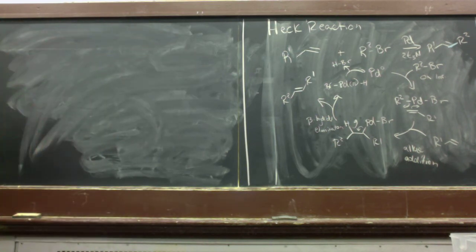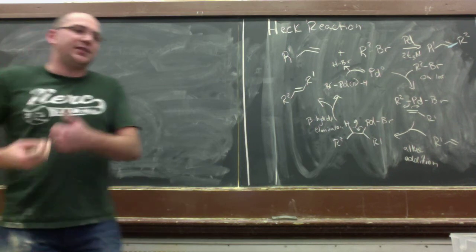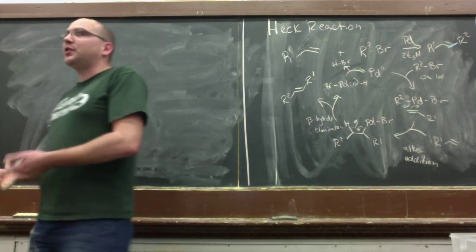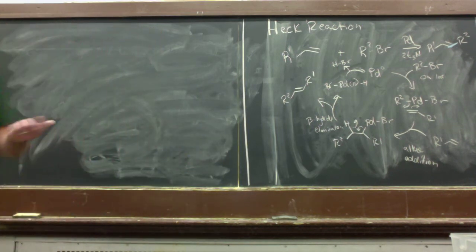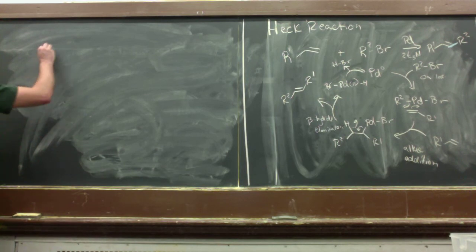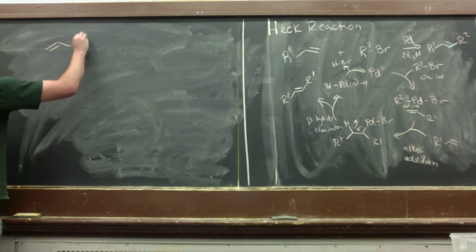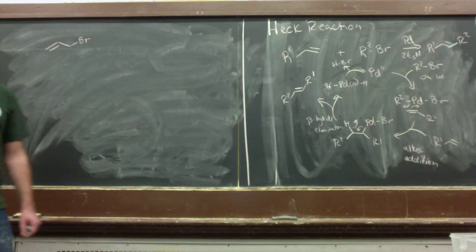We brought up sp2 couplings a moment ago and how sometimes you don't want to do them because of this beta hydride abstraction, but there are instances where that won't necessarily be a problem. Certainly one of the cases you could imagine is an allyl bromide.